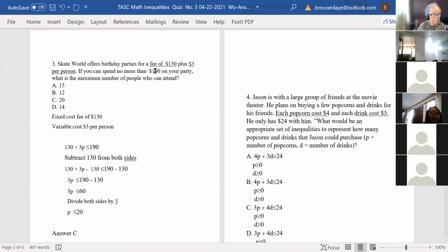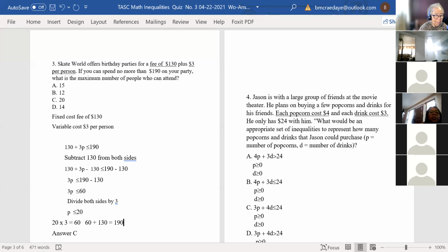So you're within your budget. That's how you do it. If you wanted to check back, let's see if it's right. 20 people times $3 per person equals 60. Add that 60 to the fixed amount, which is 130, and you are within your budget because we said less than or equal.